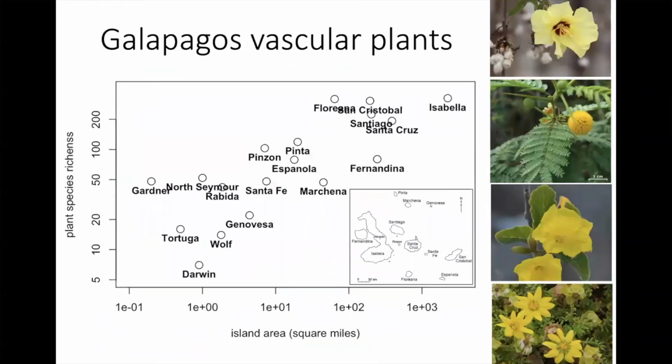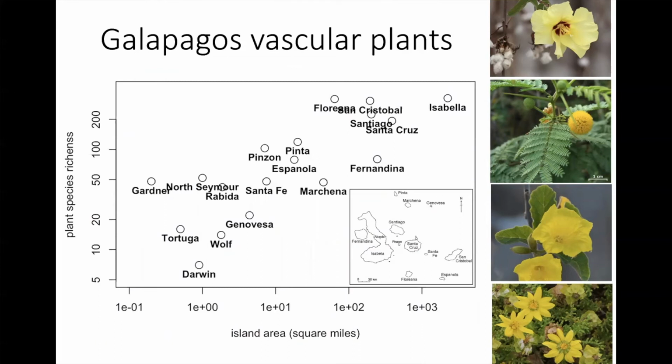We saw that on the Galapagos as well. So here's all the vascular plants on the islands of the Galapagos. A plot from Preston, 1962. Here's your different islands. There's Isabella, the big one, and it has the most species. Fernandina, which is right next to Isabella and is also rather large here, has a similar number of species because they can move between the 2 islands.